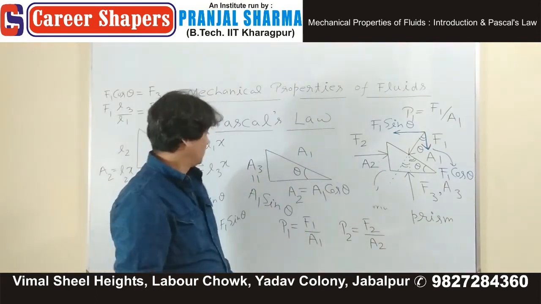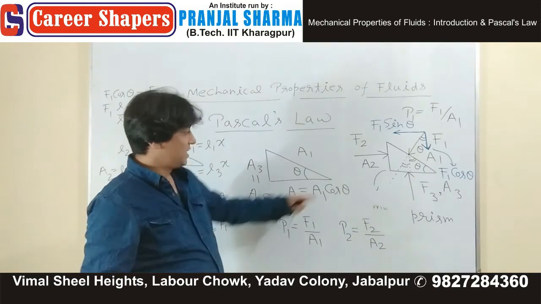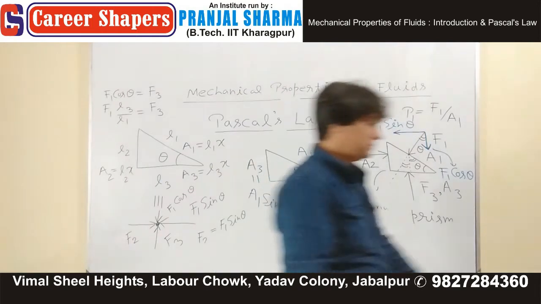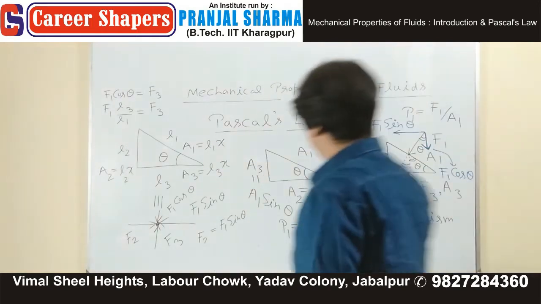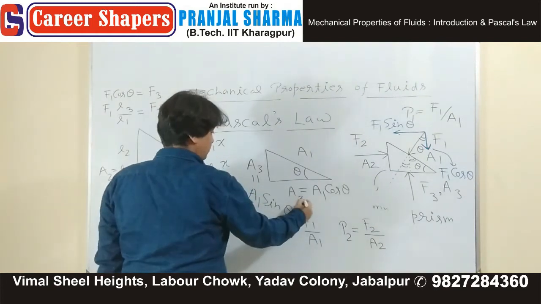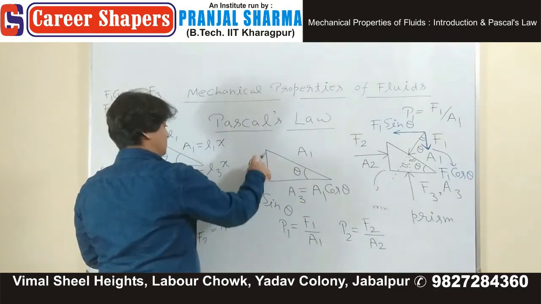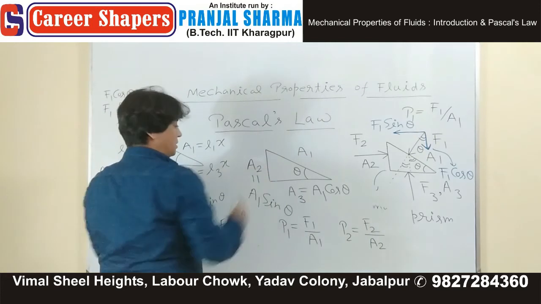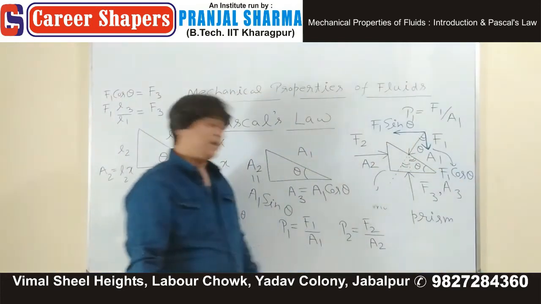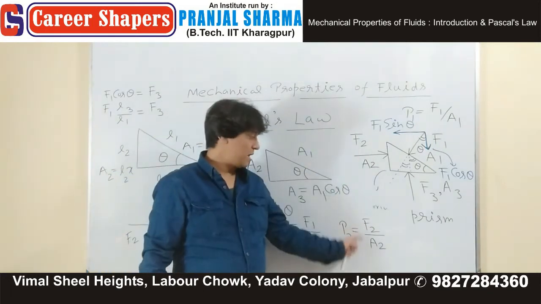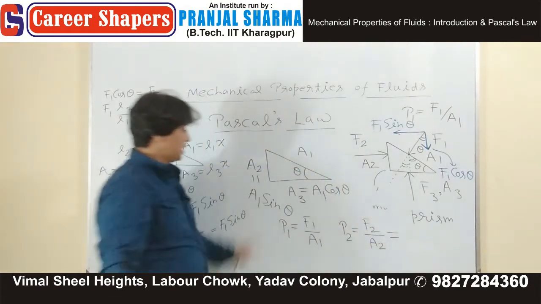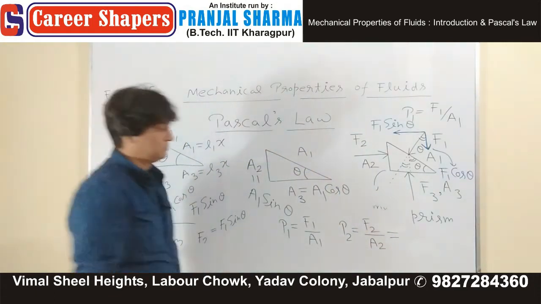Do one thing, this was A3, make it A3 so that there is no confusion. This face was A3, make it A3, this was A2. Now, what is P2? F2 divided by A2. And what is A2? A2 is A1 sine theta.